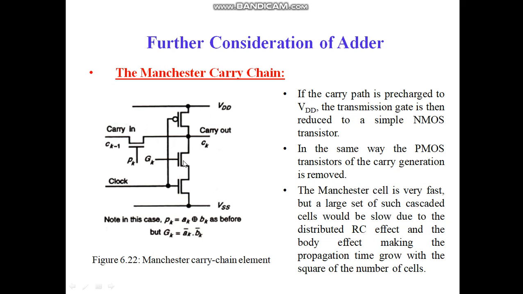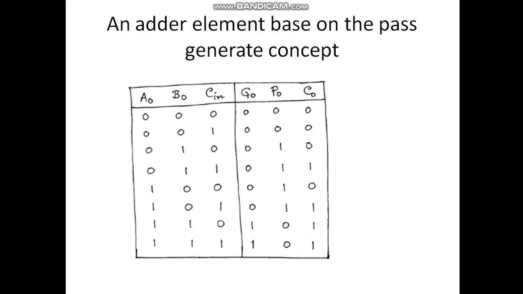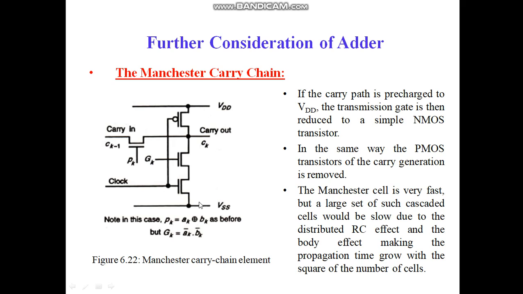Anyway, this MOSFET does not conduct because for this to conduct, the inputs should be the same. But for P to be 1, the inputs A and B are complementary. So there is no chance of this NMOS turning on when Pk is equal to 1.